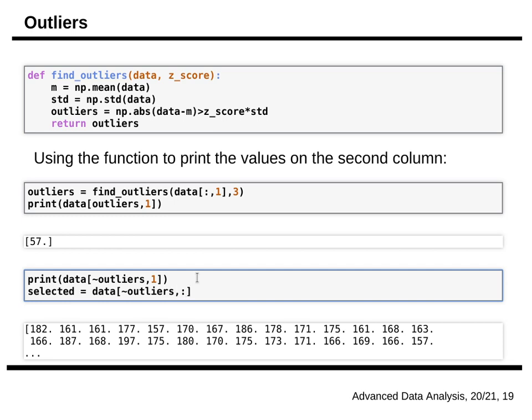This way we get the complete matrix, both columns, but only the rows that don't have outliers. This is one way you can use the result of this find outliers function to extract only the regular values from your data.